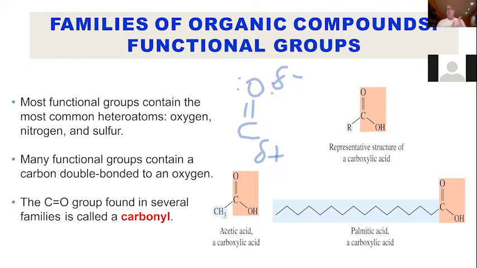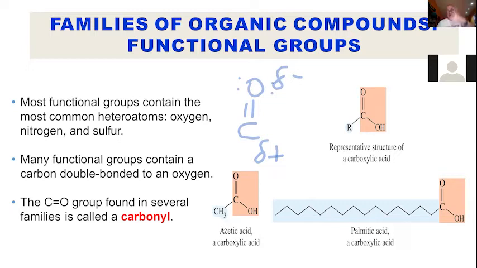When you have a single bond, remember, that's just 2 electrons being shared with oxygen. But when you have a double bond, that's 4 electrons being shared with oxygen, and oxygen's keeping all 4 of them close to itself.